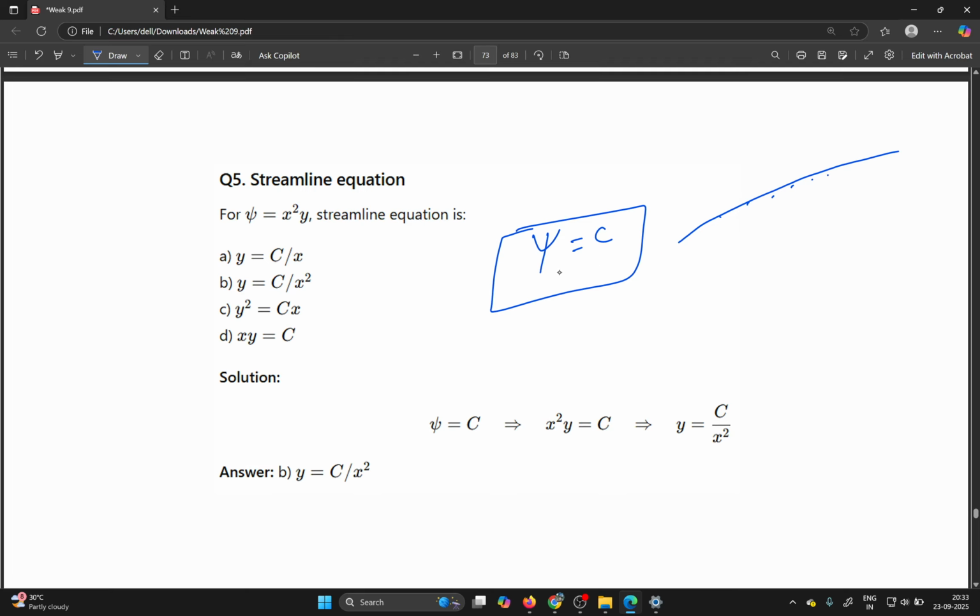Remember please, your streamline is constant. So x square y, this psi value is equal to constant. So the stream function is c by x square. You can write it very easily. This is a very easy question, but you have to know the things.